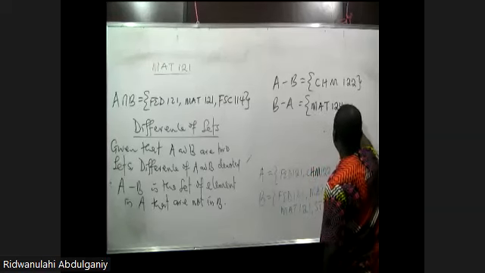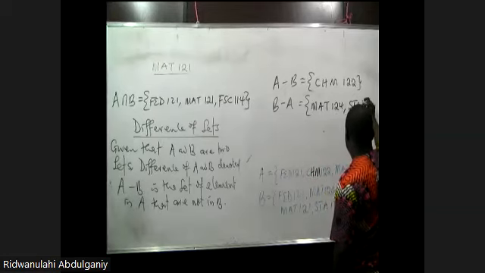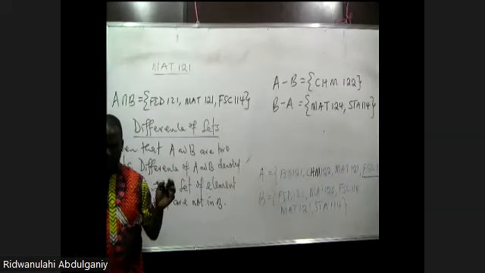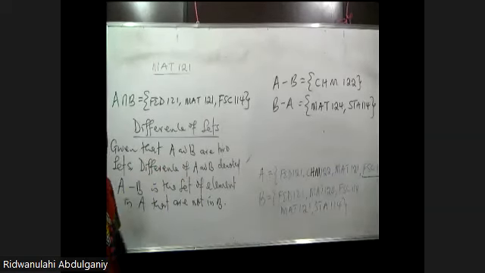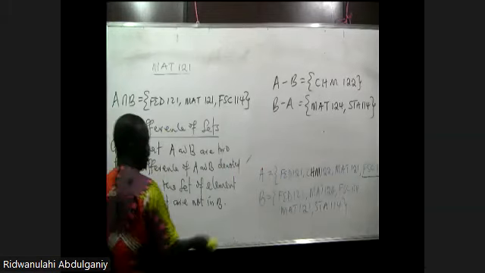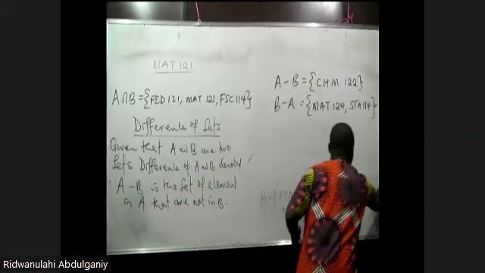B minus A is MAT 124 and STA 114. Thank you. That's the result. So that's just the difference of sets. Let's move to another one, still on operations.